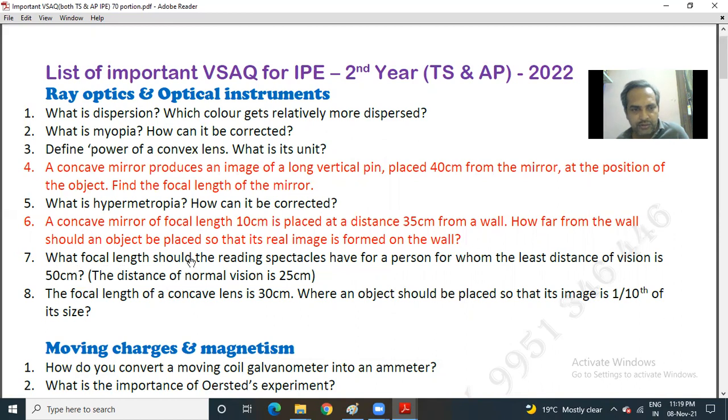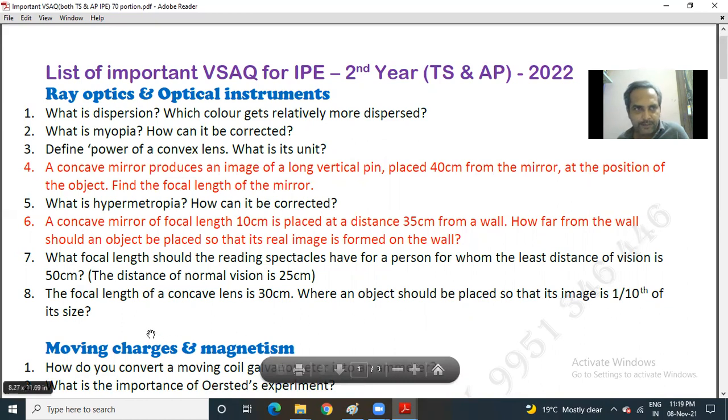What focal length should reading spectacles have for a person for whom the least distance of distinct vision is 50 centimeters? It is mentioned that the distance of normal vision is 25 centimeters. Question number 8. The focal length of a concave lens is 30 centimeters. Where should an object be placed so that its image is 1/10 of its size?